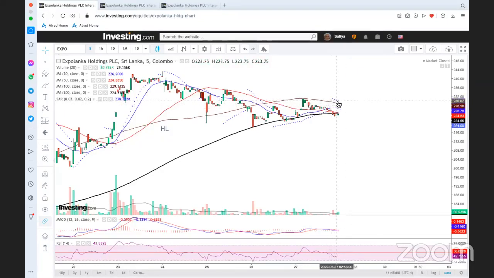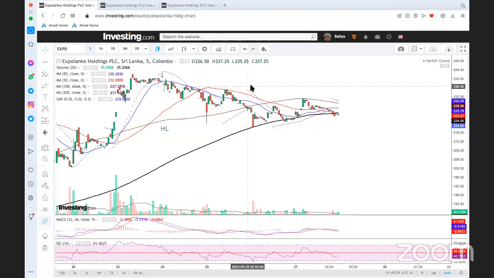And also we must wait for the PSAR to be tested, and the PSAR dots have to come down below the prices. So you got to wait there. When all these things are happening, you will see the volumes are also increasing. Then only you will have an opportunity to trade. Now these are trading strategies, right? So for the other counters, it's the same story.